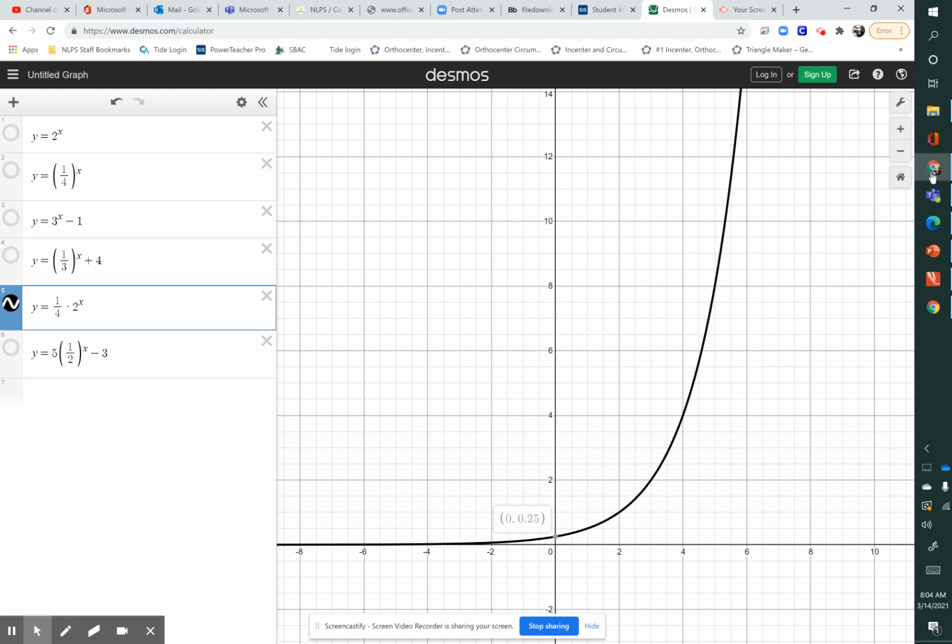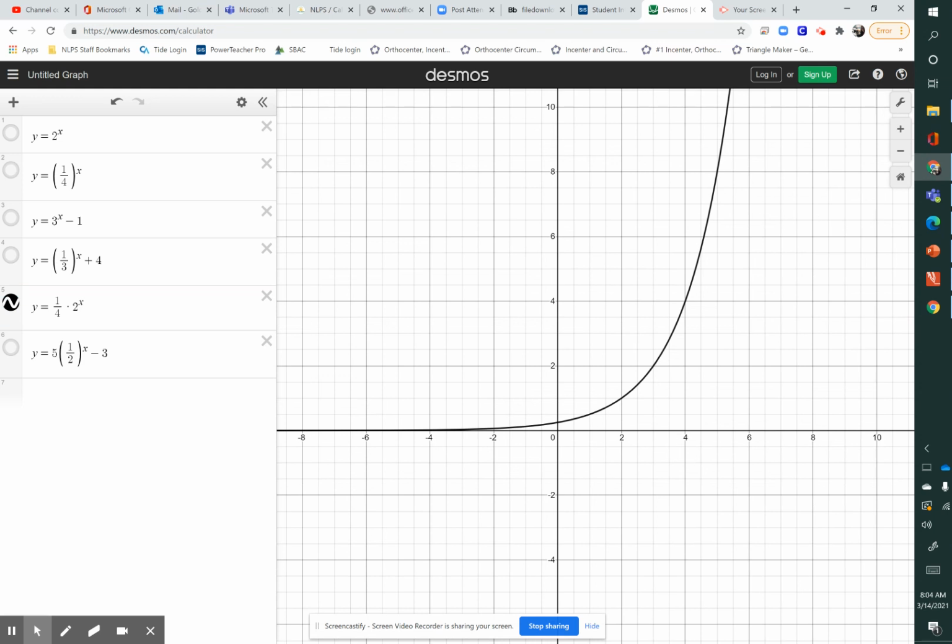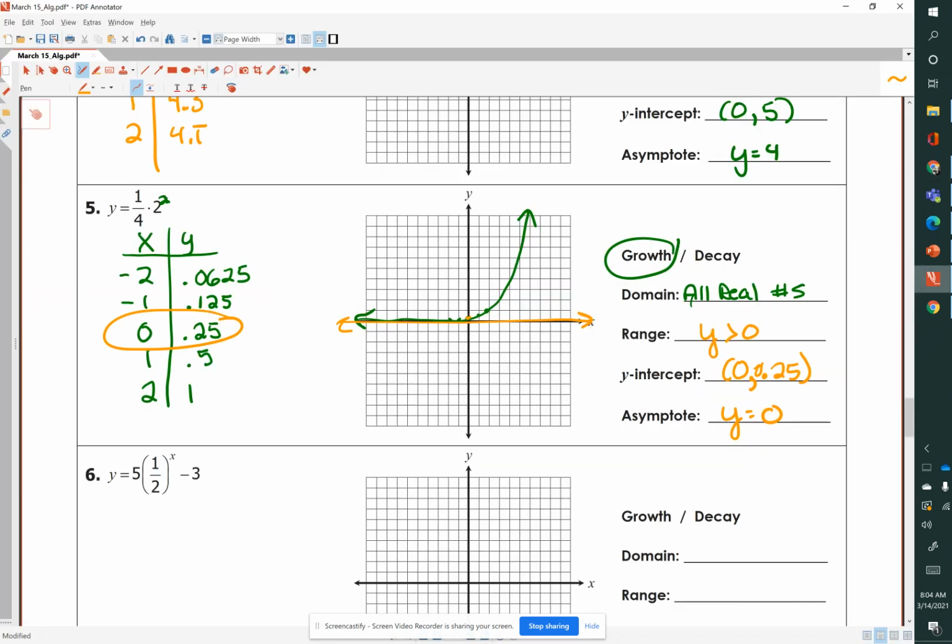And now we can see it a little bit better. There's our y-intercept, 0.25. And we can see clearly, though, here that this graph is never going to cross the x-axis. So the x-axis, or y equals 0, is the asymptote for the function.